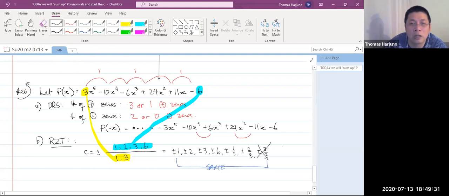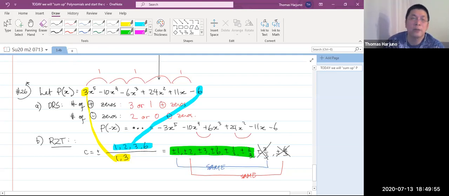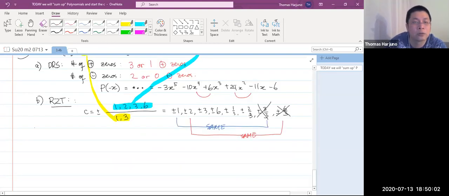And then the last one will be plus minus 6/3, but that's basically 2. Okay, so from this list we see we have 12 candidates. So then let's start finding the zeros.